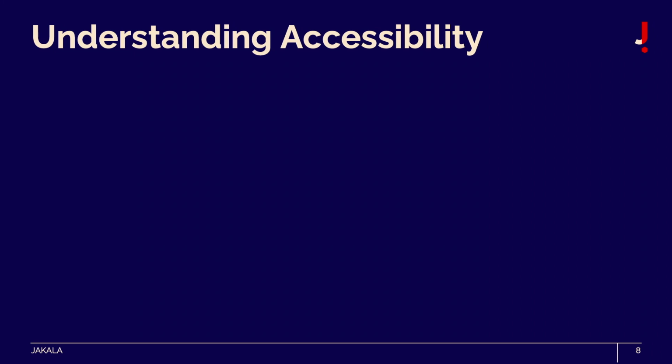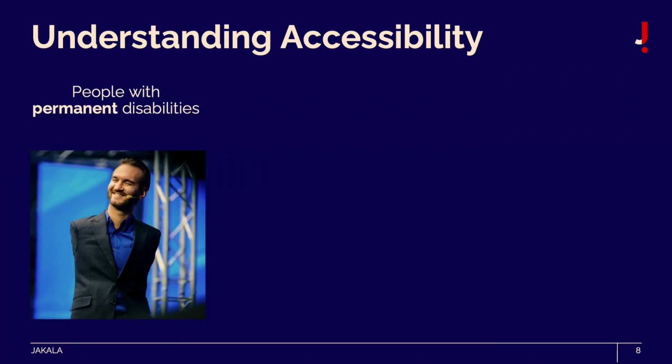And this is a common misconception because accessibility is actually for a broad spectrum of permanent disabilities, both motor disabilities, visual disabilities, hearing disabilities, cognitive disabilities. So when we think about accessibility, we should also consider the other nuances and variations of disabilities that people might have that we need to cover for our websites.